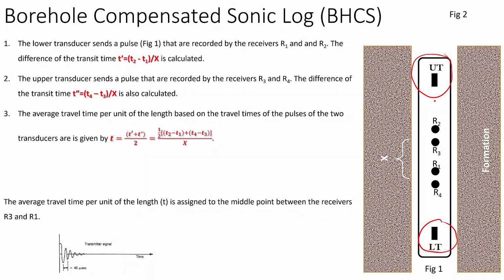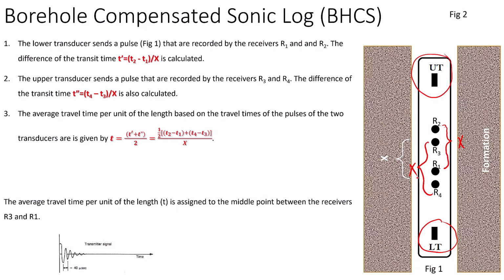And here you see R1, R2, R3, R4. These are 4 seismic receivers that can detect and record seismic signals. Something you may notice here is that the distance between R2 and R1 is X, and the same for R3 and R4. So the distance is X.